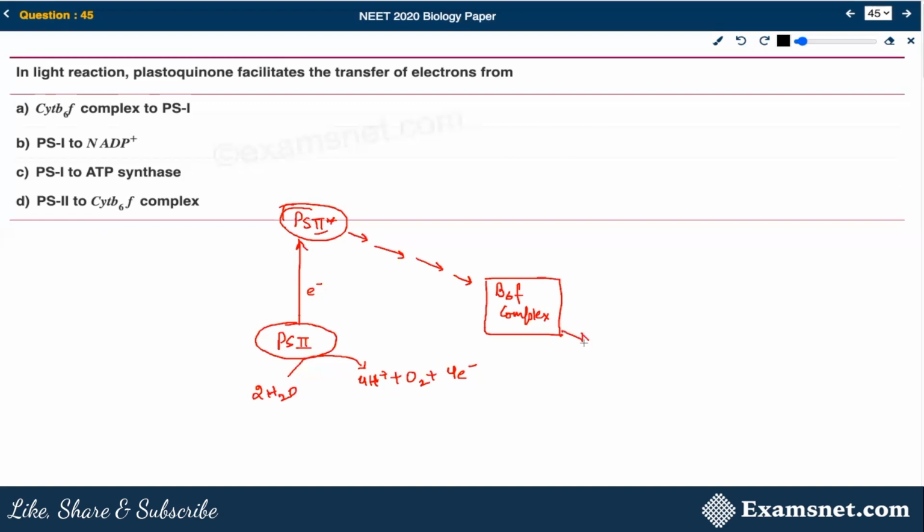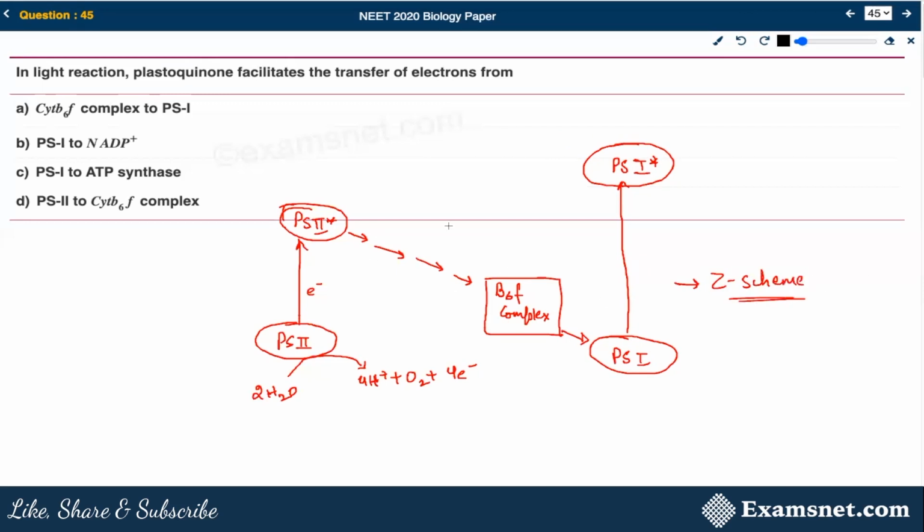Then again, this will go like this, and it will pass on the electron to PS1 over here. Then again, this will be excited by light. And here will be PS1. So this is a kind of a Z scheme flow, which is actually called Z scheme, the non-cyclic flow of electron in the light reaction.